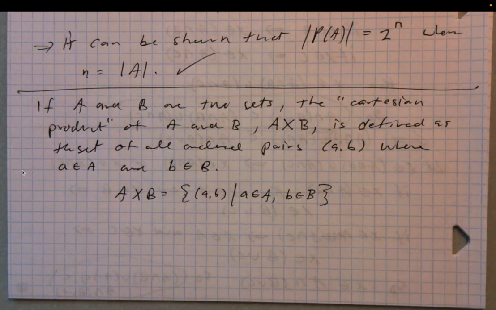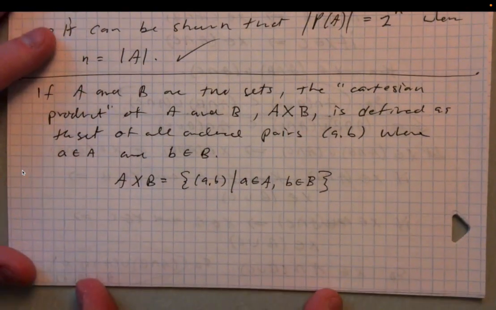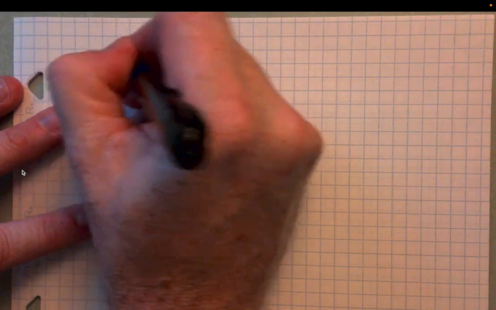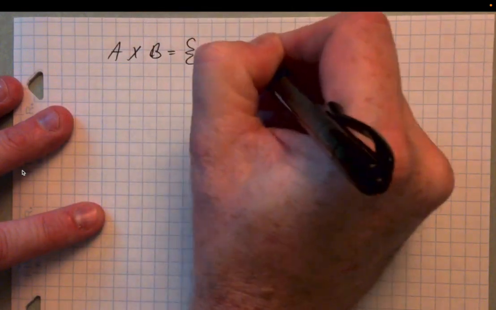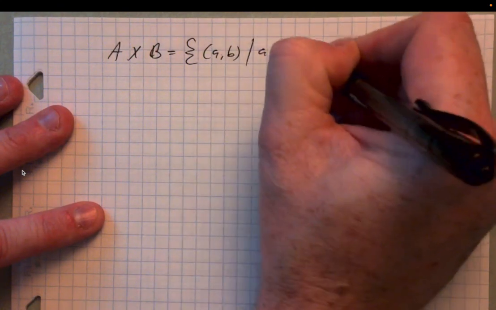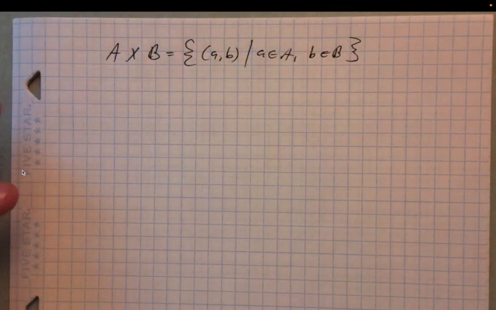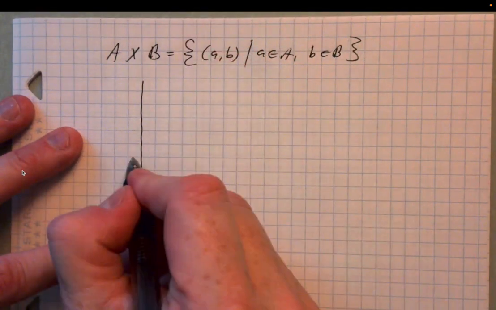All right. And so you can think about, well, let me switch pages here. So if I've got A cross B equals the set of all ordered pairs (a, b) such that a is in A, b is in B, I can think about this visually like this, right?